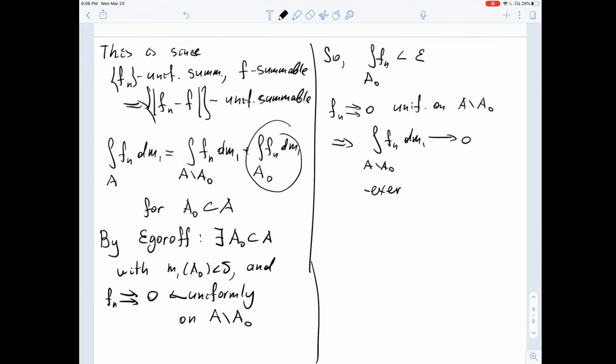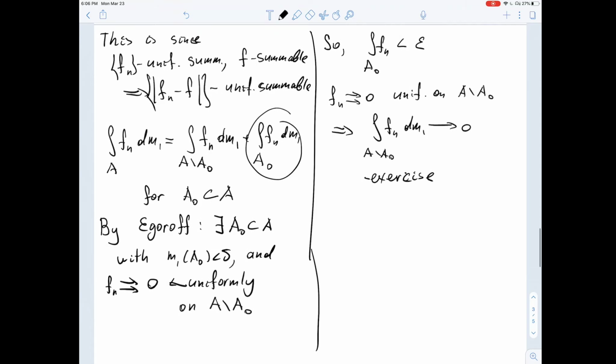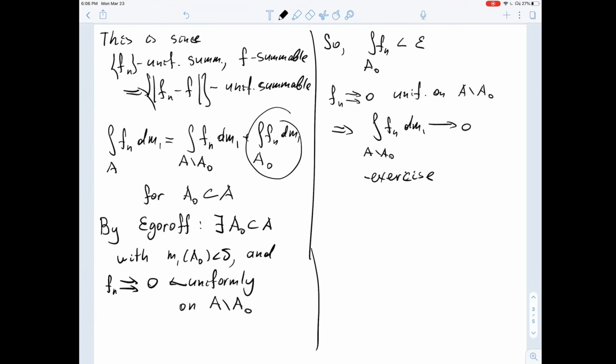That's what you probably did as an exercise when you took some advanced analysis class. So your first or second proof-based class definitely should have contained this. I'll leave it as an exercise, but uniform convergence is very strong. So uniform convergence implies that we can interchange limit and integration. And so we win. So we now have this.